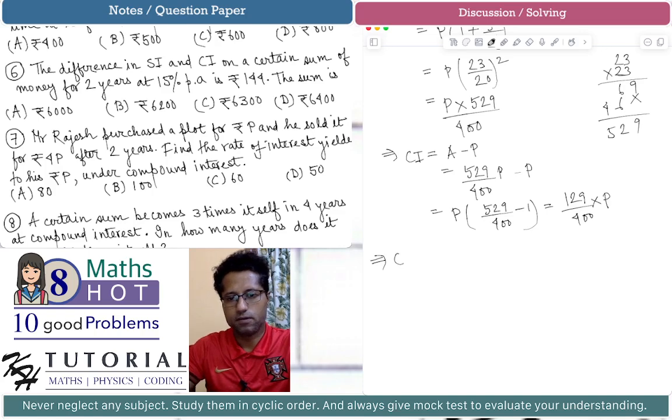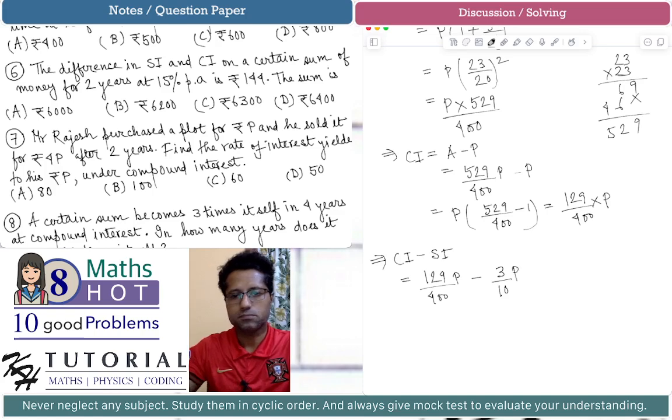So we have CI minus SI is equal to 129 divided by 400 into P minus SI was 3 by 10 P. So this is equal to, let's take P common, 129 by 400 minus 3 by 10.